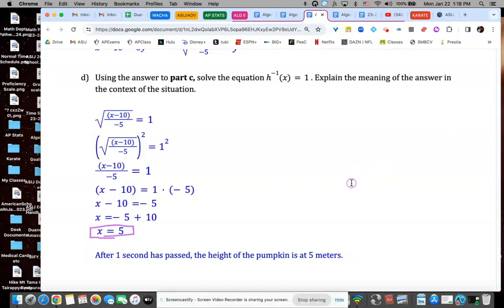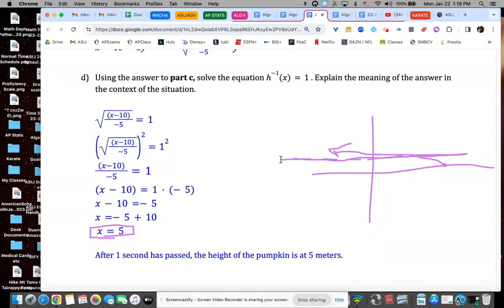So if I go back to that graph of the inverse, remember the inverse was kind of like this, sort of. And we said it's equal to 1. So we took the line y equals 1, right? So it's just a flat line like this at 1.